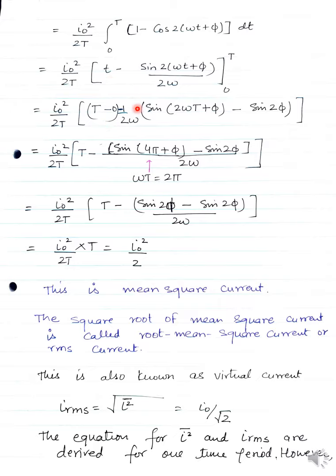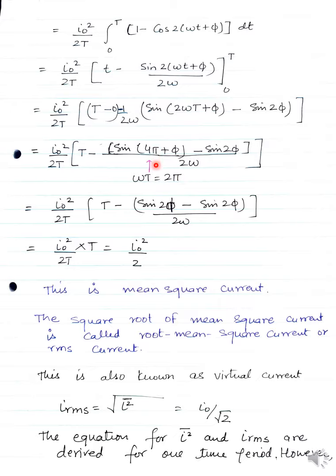For this part, it will be minus 1 upon 2ω. You will put t equals capital T, and then t equals 0, it will be sin 2φ. As we know that ωT equals 2π, we will put the value of ωT equals 2π, it will be 4π.